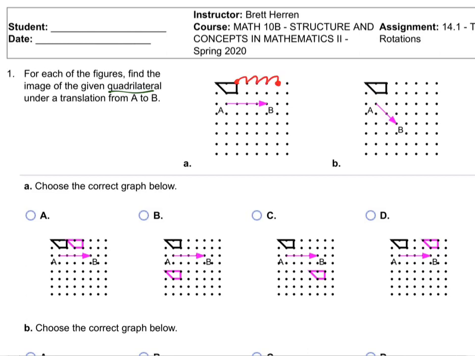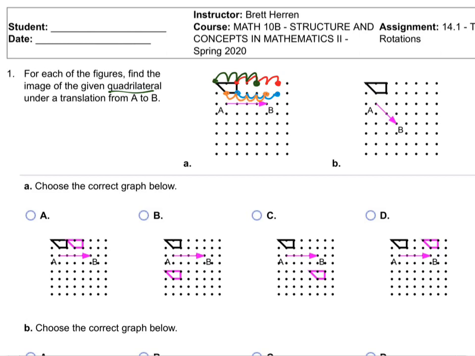Ends up right there. Then take the upper left and go 4 to the right. Then take the lower right and go 1, 2, 3, 4 to the right. And then take the lower left and go 4 to the right.